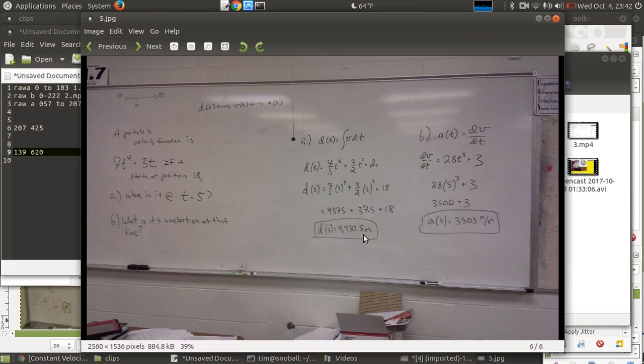So from velocity to position is taking the integral. If it wants to go from velocity to acceleration, we just take the derivative. And again, we plug in our 5 for time. We get our answer there. So you should be comfortable going back and forth between all of these functions. If you're going in this direction, you're integrating. If you're going in this direction, you're taking the derivative.